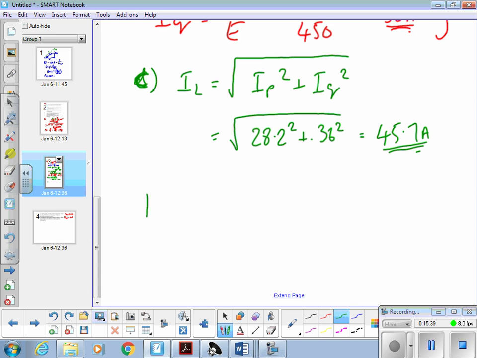So in this case, power factor can come from IP, the current due to the power, over the current due to the apparent power, or the line current. 28.2 over 45.7 equals 0.62.